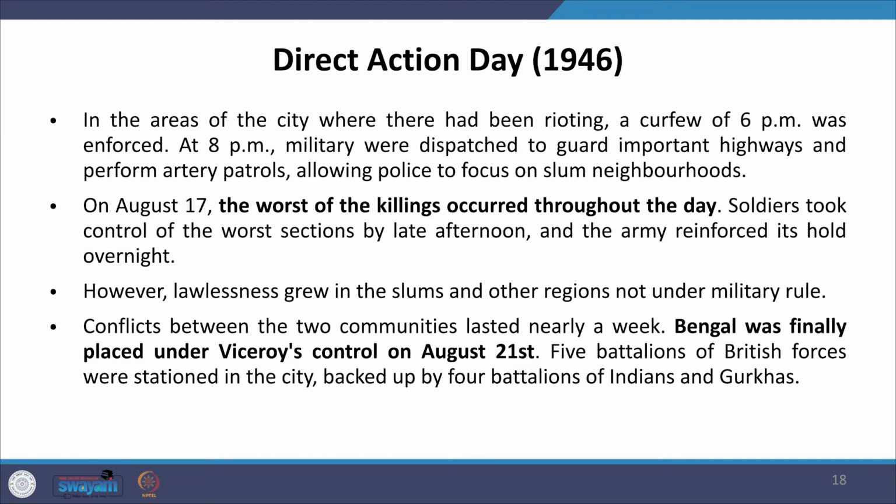Conflicts between different communities lasted nearly for a week. Bengal was finally placed under Viceroy's control on August 21st. 5 battalions of British forces were stationed in the city and backed up by 4 battalions of Indians and Gurkhas.